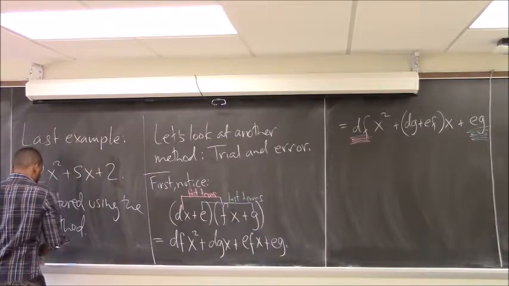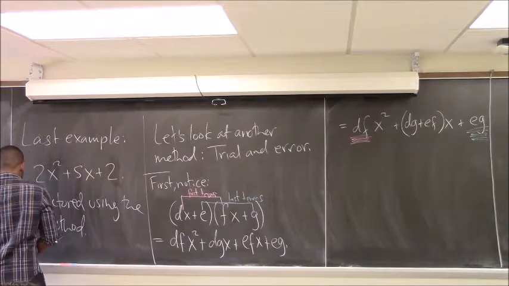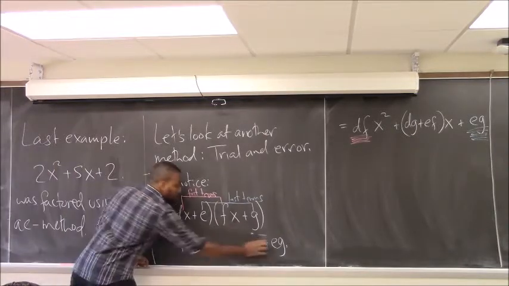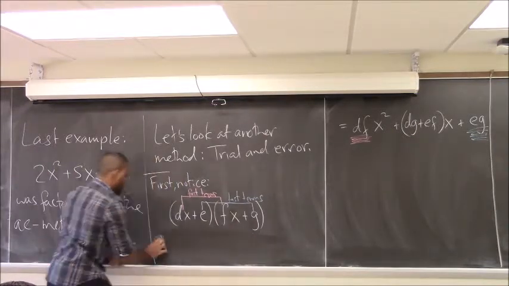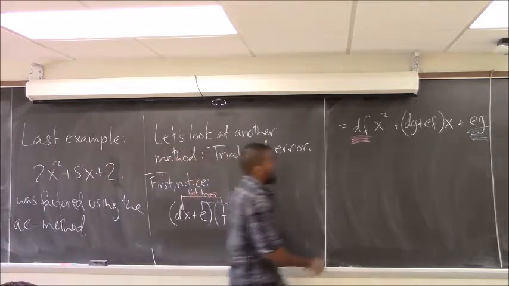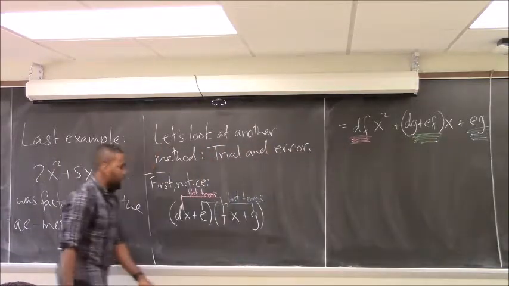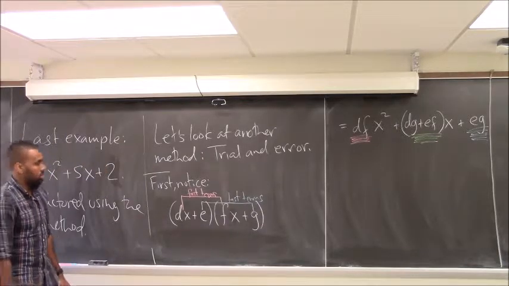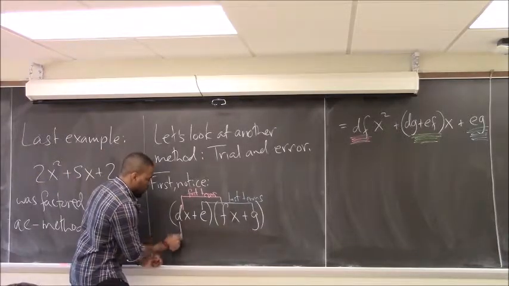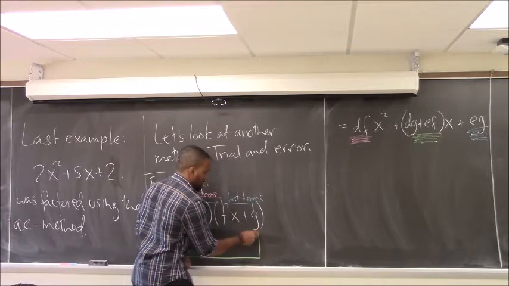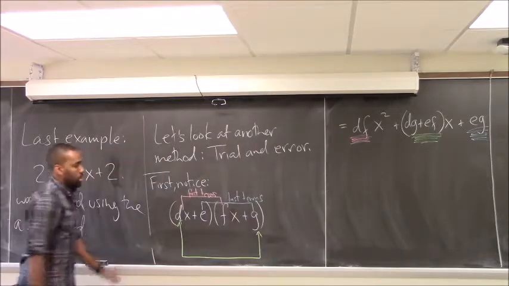You'll notice that when we combine like terms here, this middle term, the middle coefficient, it actually came from doing what? If you take the two outer terms, right?